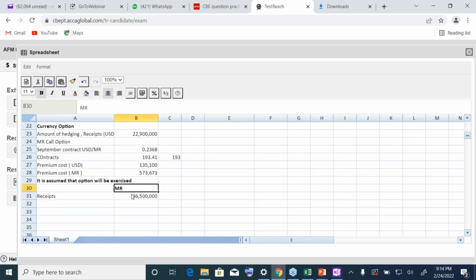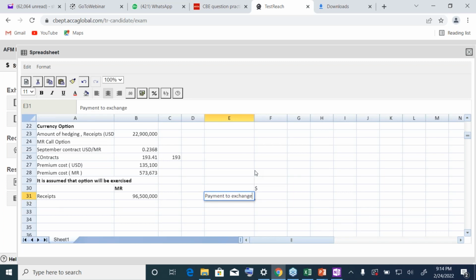Okay, in order to receive this home currency, you have to pay the foreign currency, right? Expected payment to exchange.